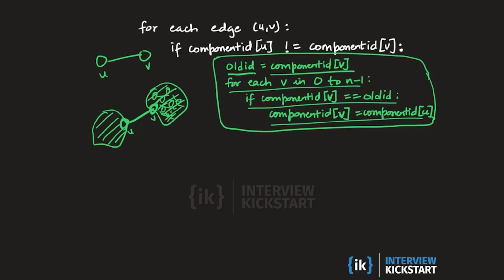So this operation, which unifies two different connected components together, is called a union operation. It unifies two separate connected components. Now we don't do this union operation for every edge.